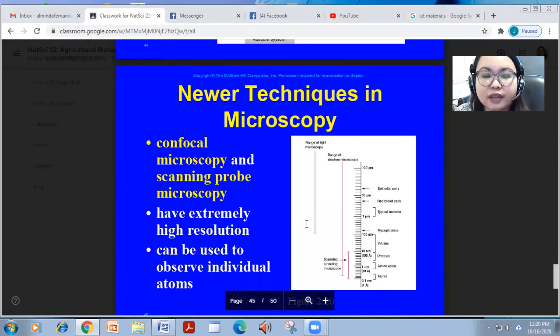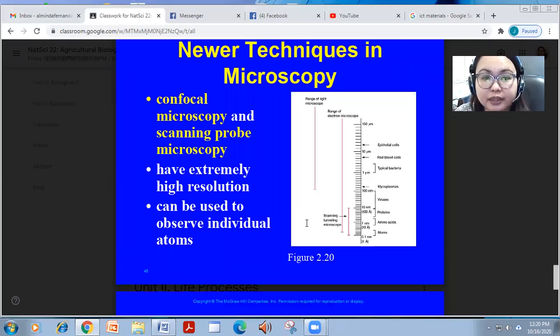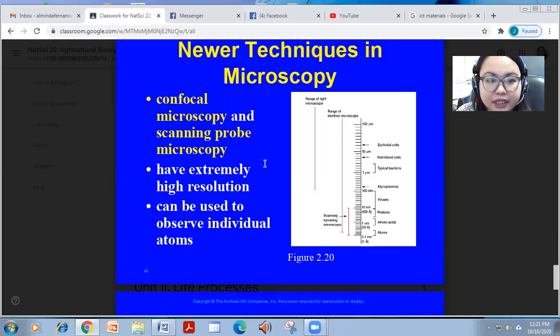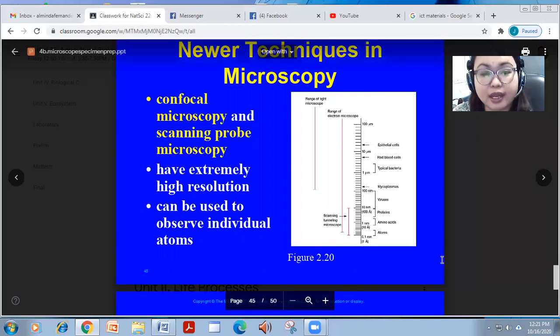So there are also other newer techniques in microscopy. We have the confocal microscopy and scanning probe microscopy. So they have extremely high resolution and can be used to observe individual atoms already.